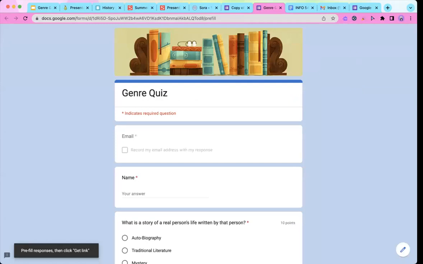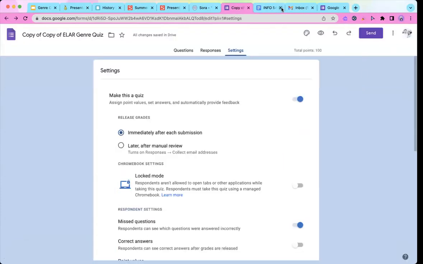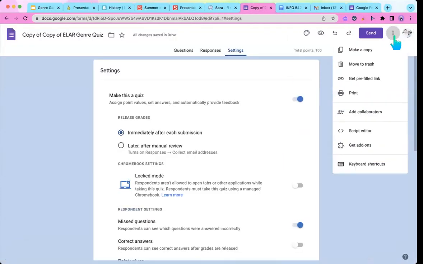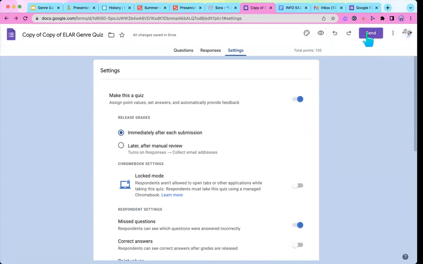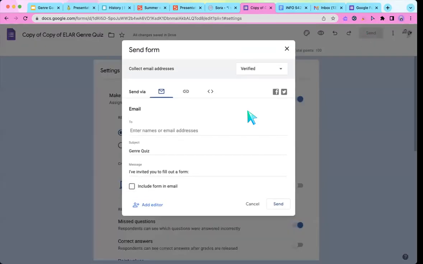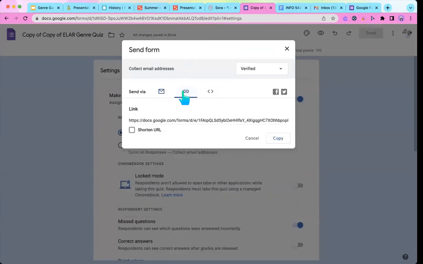Oh no. Go back to where you were in the forms. I would X off of that one. Just that one. And then on the part where it says send, go to the embedded link. The little paperclip looking thing.